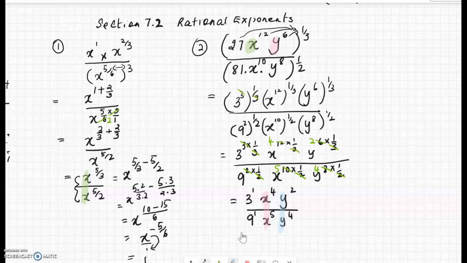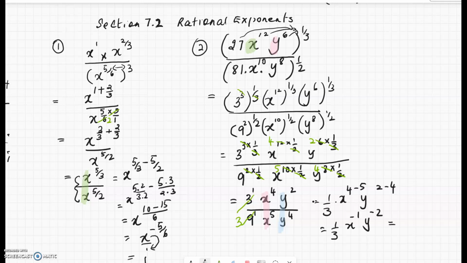Now that we've simplified the numerator completely, denominator completely, notice that 3 goes 3 times into 9. So you have a 1/3, x to the 4 minus 5, y to the 2 minus 4. Since it's division, we're going to subtract exponents. 1/3, x to the negative 1, y to the negative 2.